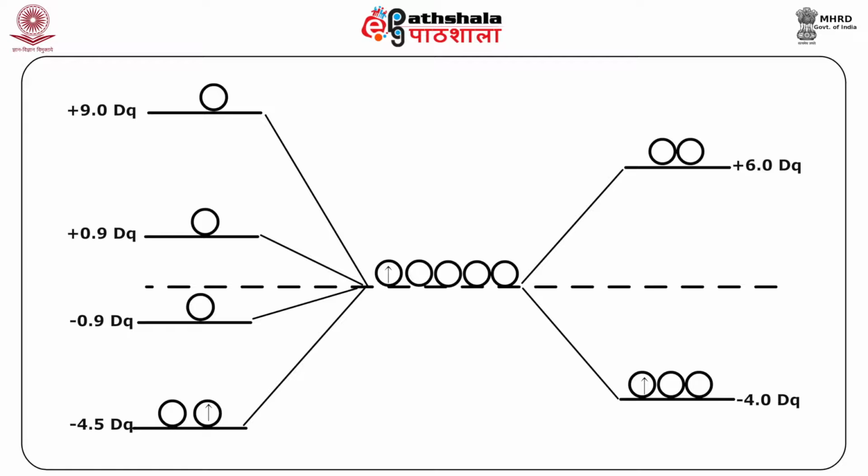In this case, if the first electron enters the least energy orbital, then in case of octahedral geometry, the total crystal field stabilization energy that you can achieve should be 1 into minus 4 Dq plus 0 into plus 6 Dq.